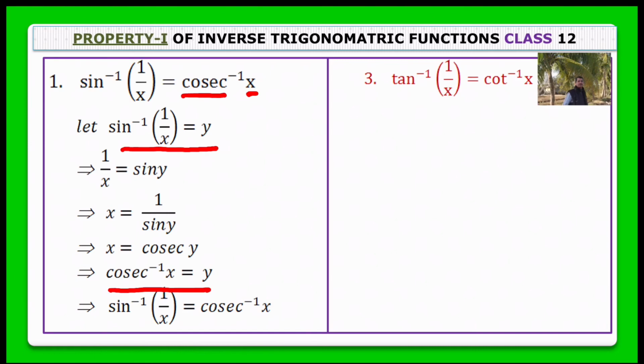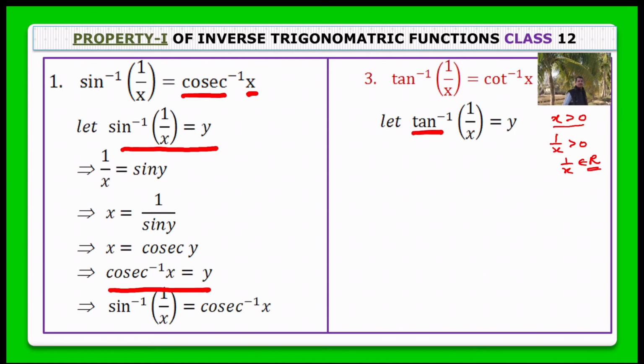For this, the same process: let tan inverse 1 upon x equal to y. That is, here also we use the same process and take tan inverse 1 upon x as y. Now here we have to see that 1 upon x, we saw the value of x is greater than 0, means any real number which has values more than 0. Then the value of 1 upon x will also be positive and 1 upon x belongs to R. This R is the domain of tan inverse.